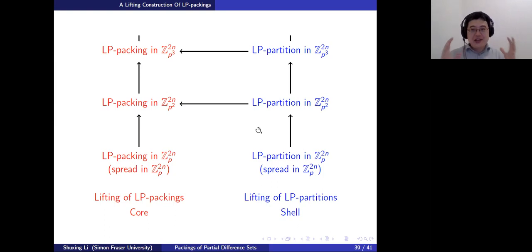And the key idea of the construction is to separate the LP packing into the core and the shell part. For those two distinctive parts, we have to apply different lifting rules. That's why this construction is somewhat delicate.